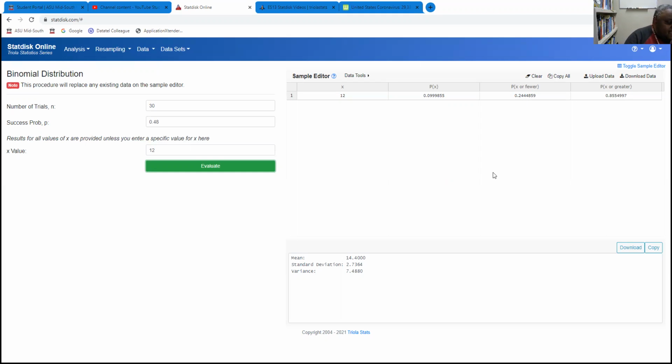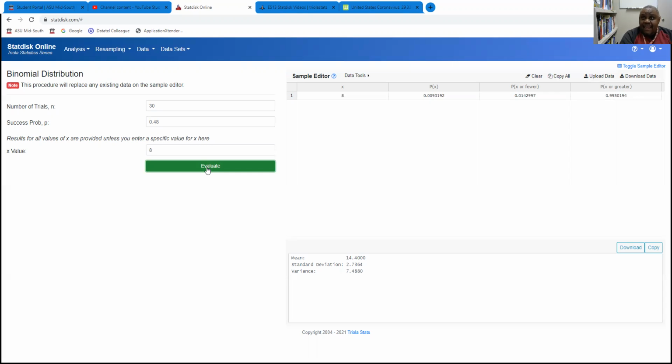And then part B says at most 8. At most 8. Well, the N and the P will remain the same. Your X value is just going to change from 12 to 8. And then click evaluate. Now the words at most mean no more than 8.